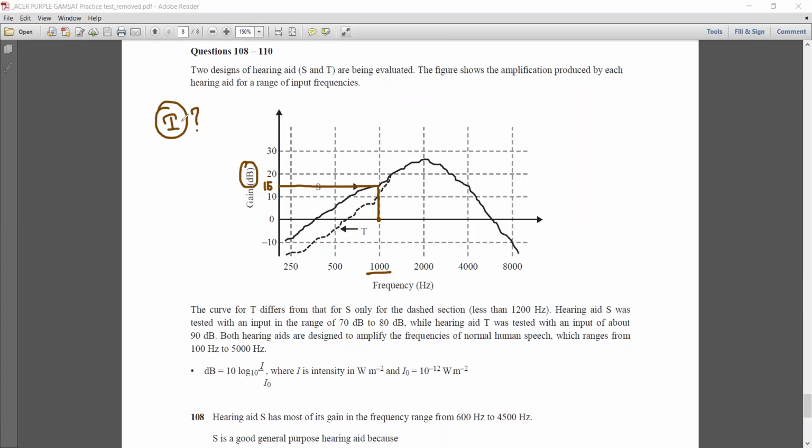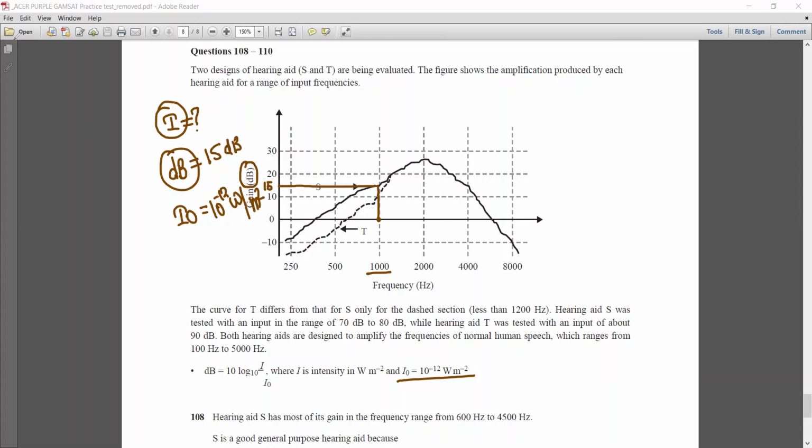Here we have to find out the value of I. The sound intensity level is given, around 15 decibel. The value of I naught is also given, 10 to the power minus 12 watt per meter square, and the value of I we need to calculate.